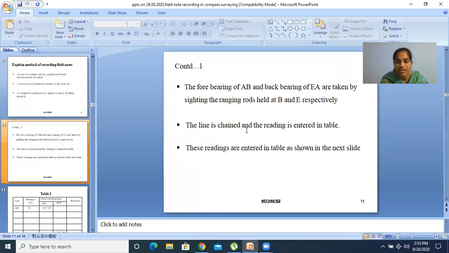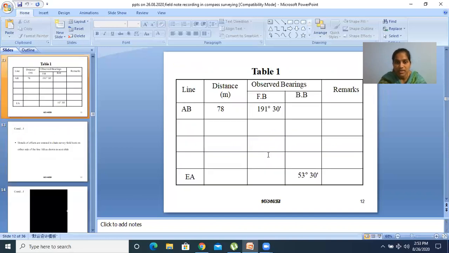The line is chained and the reading is entered in the table. These readings are entered as shown in the next slide.